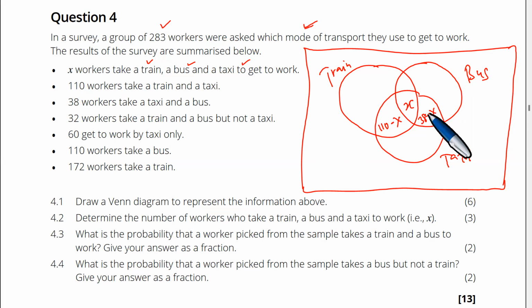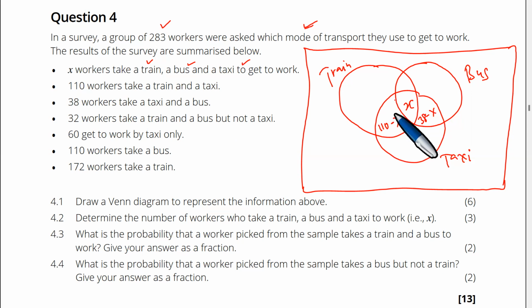We continue. 38 workers take a taxi and a bus.